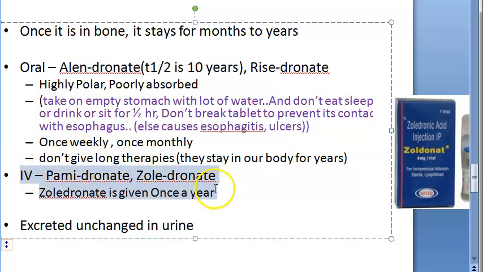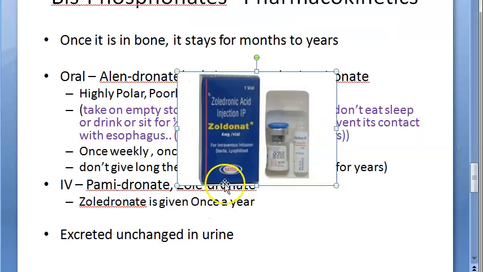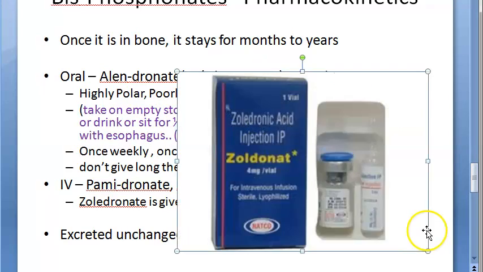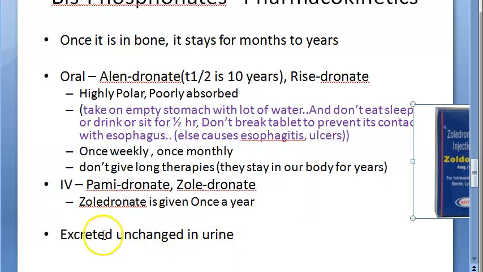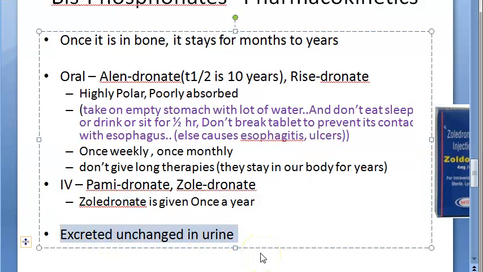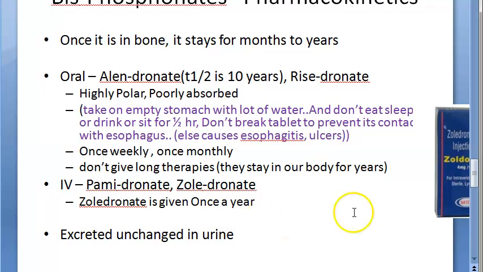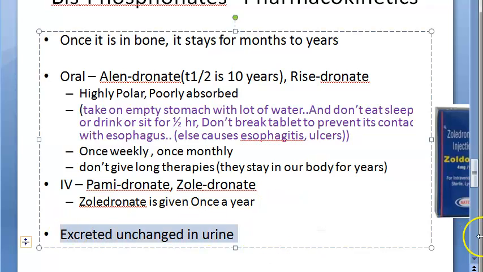In IV, Pamidronate and Zoledronate are given only once a year. This is Zoledronate, look at it. The drug reaches the bone because it has affinity to calcium phosphate. The remainder is excreted unchanged in urine.